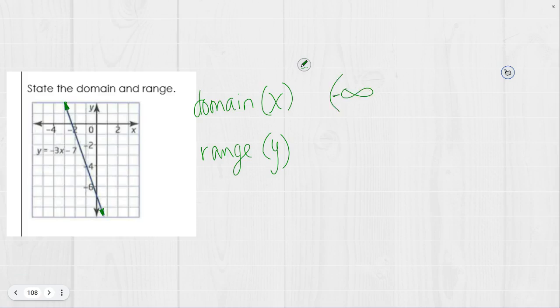Negative infinity to positive infinity here. For the up and down, I also am going on forever. Make sure that you do not have brackets. You must have parentheses.